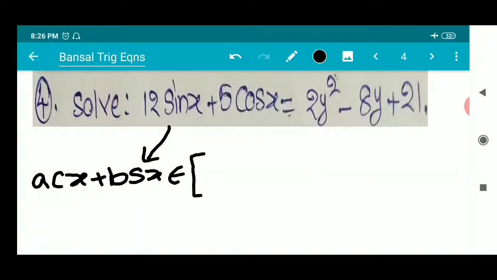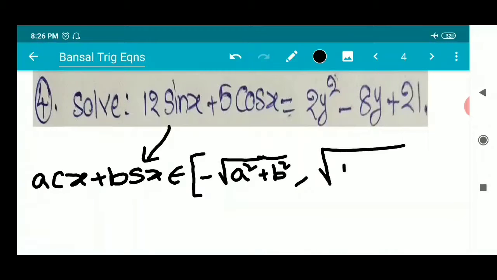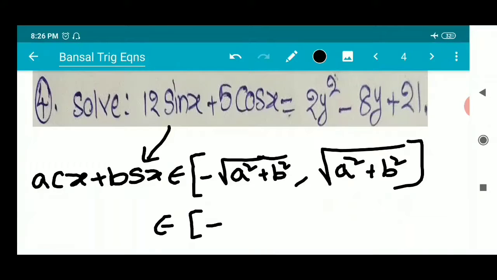The minimum value is minus root of a square plus b square, and the maximum is root of a square plus b square. Here a is 12, b is 5, so this is 144 plus 25, root 169. So minimum is minus 13, maximum is 13.